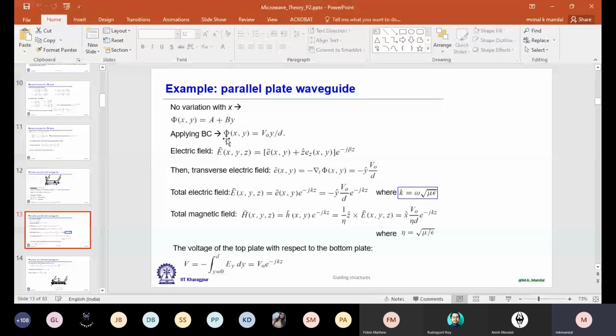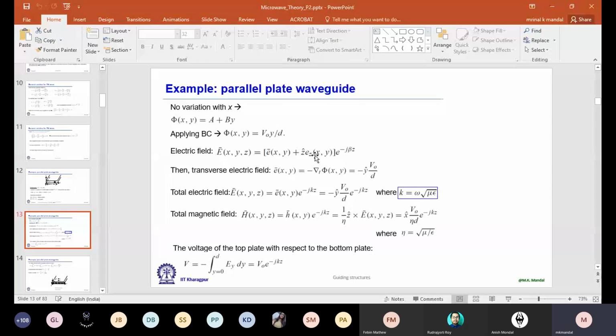If I put phi equal to 0 at y equal to 0, a becomes 0. And at y equal to t, phi equal to V naught, so then b is equal to V naught by t. So then in general, phi, which is a function of x, y, we can represent by V naught by t into y. So we have variation only along y.